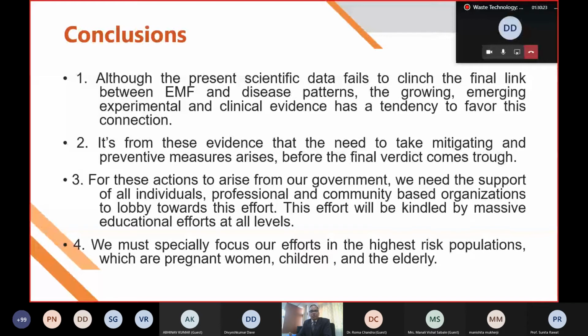We need to do the work so that we can establish it and give sufficient information to the government: yes, it has the link. Please make the appropriate regulation so that the industry people may give us suitable, non-hazardous, non-cancerous equipments. Thank you, everybody.